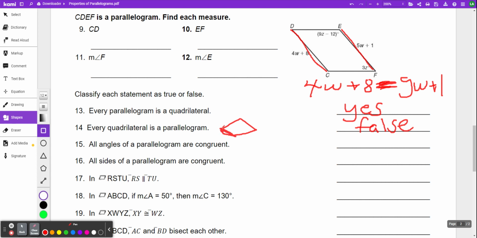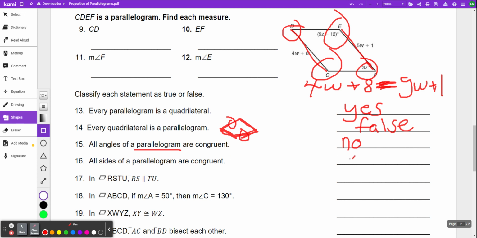This is a four-sided non-parallelogram. I mean, yeah, because this side's not parallel to that side. All angles of a parallelogram are going to... No. Only squares and rectangles. Not any parallelogram. Opposite angles are congruent, but not these. Look, these are way bigger.